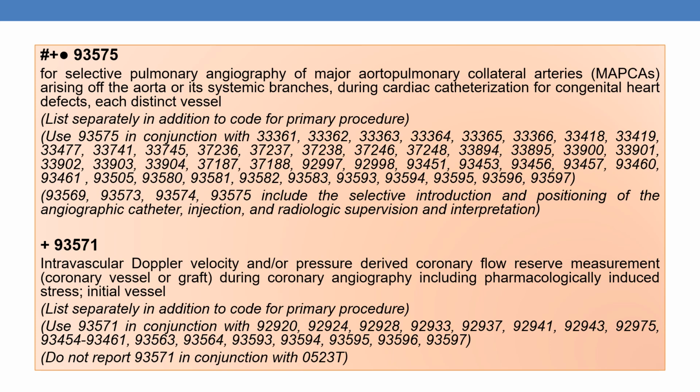The next is 93571, for intravascular Doppler velocity and/or pressure derived coronary flow reserve measurement during the coronary angiography, including pharmacologically induced stress, initial vessel. For Doppler velocity studies including the induced stress, you need to report 93571.